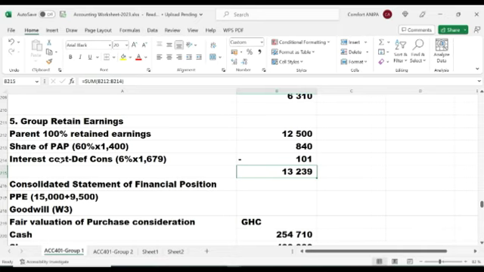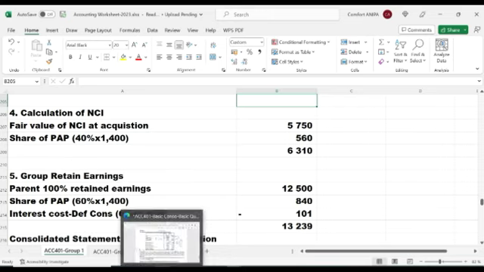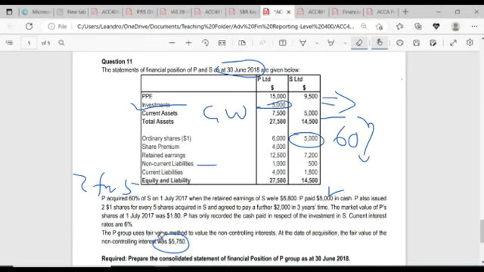Now, after that, you can go ahead and consolidate. But let's have a quick discussion of some of the items you have in the statement of financial position. You can see that in the parent's financial position, we have ordinary share and share premium, and therefore the shares that were issued for 1.8, you have to record $1 as share capital and 0.8 as share premium.